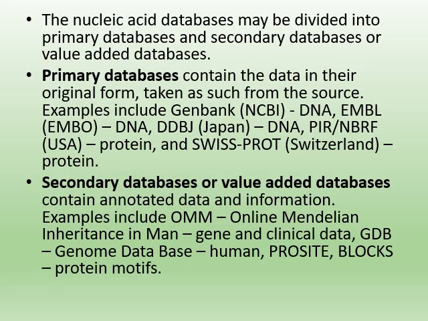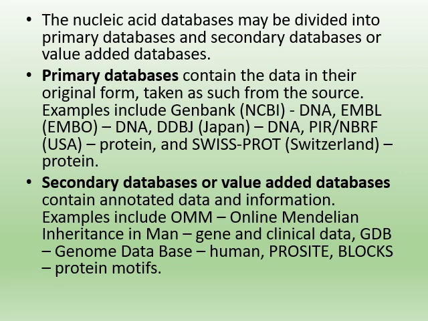The nucleic acid database may be divided into primary database and secondary database or value-added database. Primary database contains the data in their original form, taken as such from the source. Examples include GenBank, DDBJ, PIR, and SwissProt.